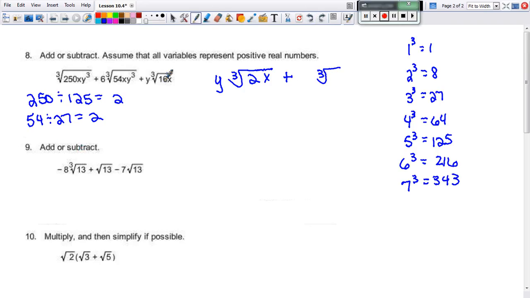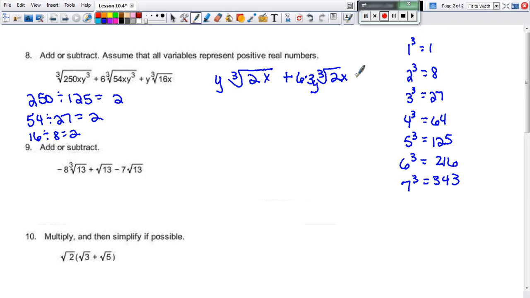So I want to do 16 divided by 8 equals 2. Oh, I erased too much there. Let me see what I got here. Okay, so you got 2, and then the x stays in, and the y you took out, and then I had a 6 there, and I had a 2 here, and 27 I had a 3, and a y that you took out, and the x that couldn't come out.